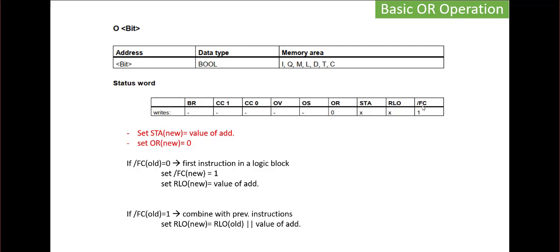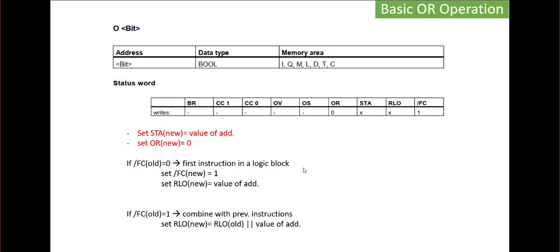And for that, we have only two cases. The first case is when the first check bit is 0 before the instruction is executed. This means that this instruction is the first instruction in a logic block. Therefore, this instruction will have to set the first check bit back to 1 for the instructions that come next to use logic from the current instruction.